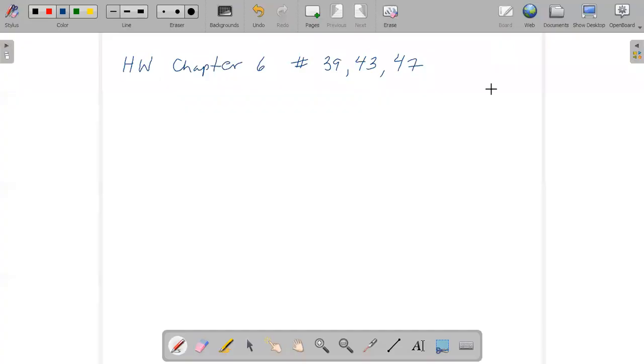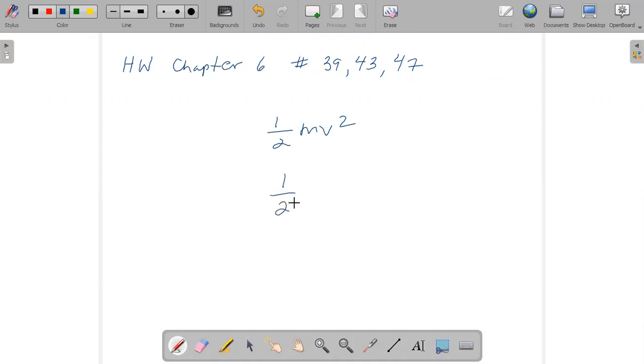Number 47 asks, a bumblebee has a mass of 0.25 grams. If its speed is 10 meters per second, calculate its kinetic energy. All right. So the kinetic energy is 1/2 mv squared. The mass is 0.25 grams.